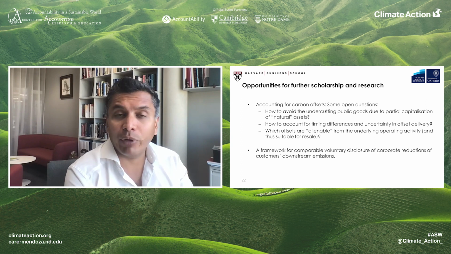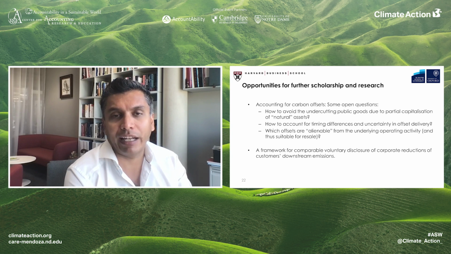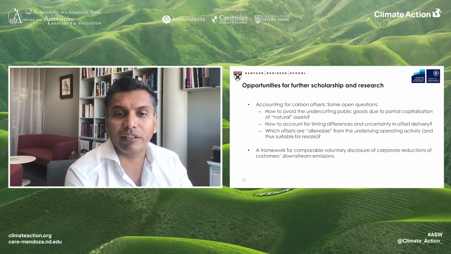And we're also, Bob mentioned briefly the issue of downstream and how to think about downstream. Earlier, we mentioned that this is something that doesn't lend itself to rigorous accounting, but it can lend itself to voluntary disclosure. So what might a reliable framework for comparable voluntary disclosure of corporate downstream emissions look like?